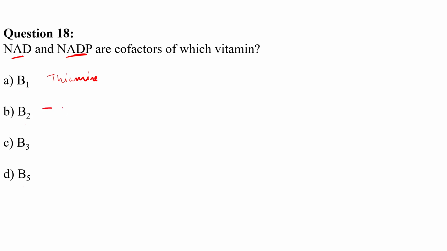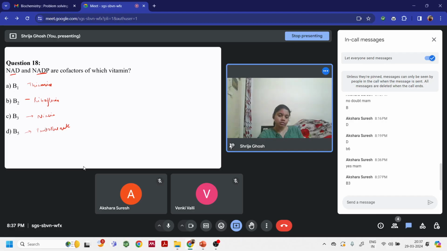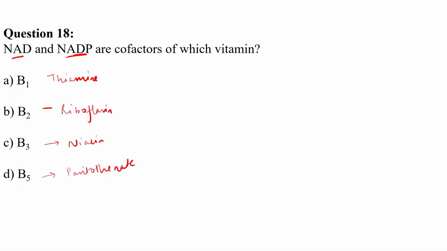B2 is riboflavin, B3 is niacin, B5 is pantothenic acid, pantothenate. Now tell me, NAD and NADP are cofactors of which vitamin? B3, yes. So option C is the correct answer.